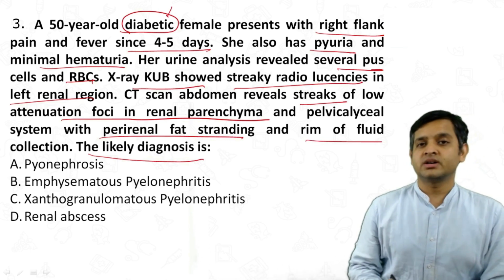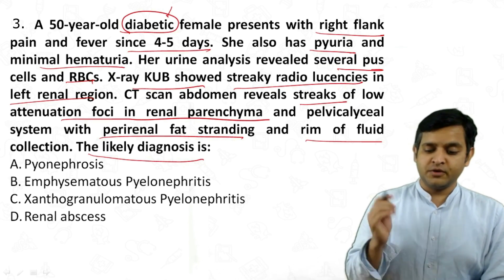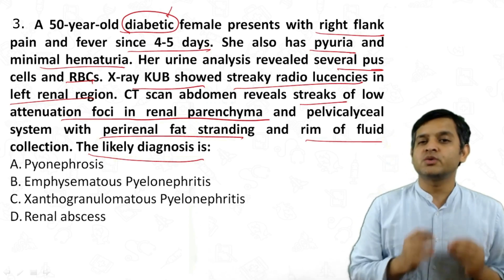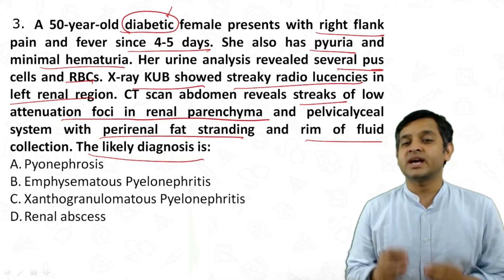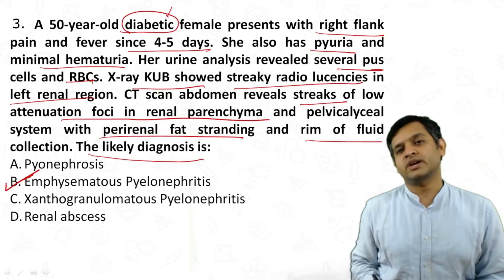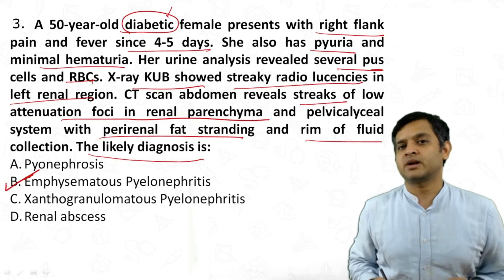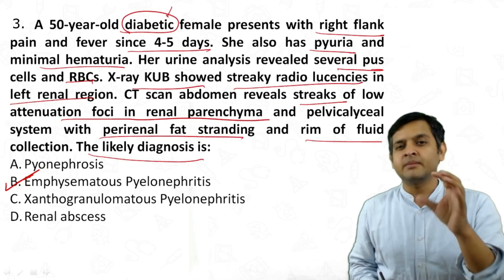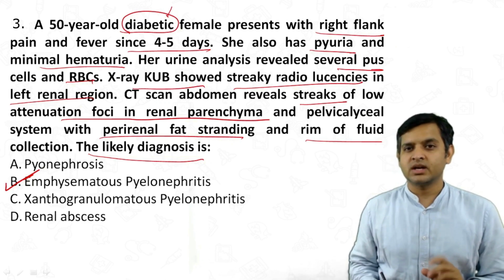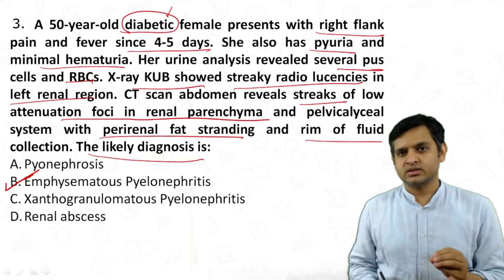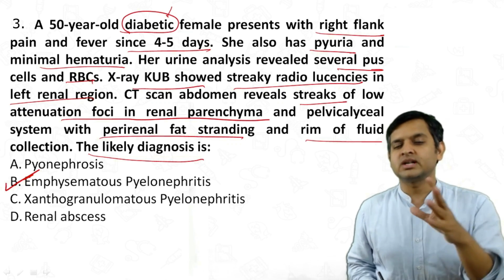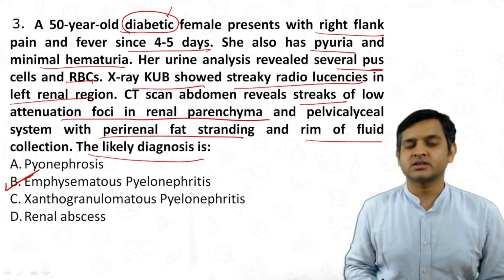Diabetic patient, renal infection with X-ray showing streaky radiolucencies, low attenuation foci pointing towards air, and you are dealing with a case of emphysematous pyelonephritis. Emphysematous pyelonephritis: air in the kidney in a diabetic patient, always think of emphysematous pyelonephritis. Staghorn calculus with a fat-containing kidney, think of xanthogranulomatous pyelonephritis.